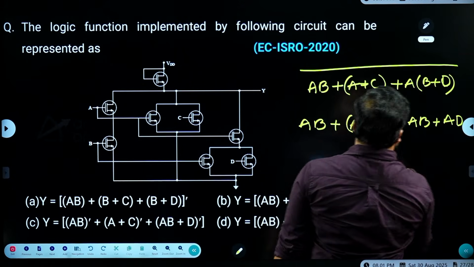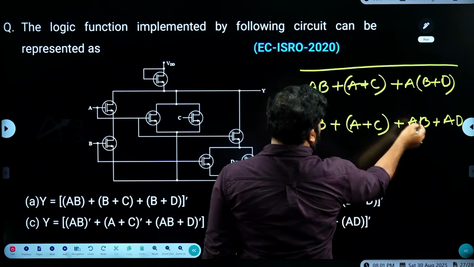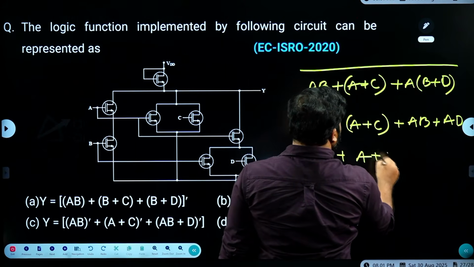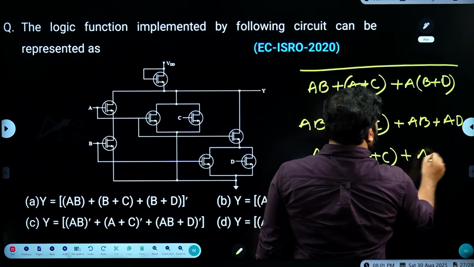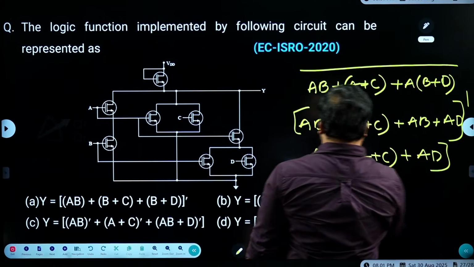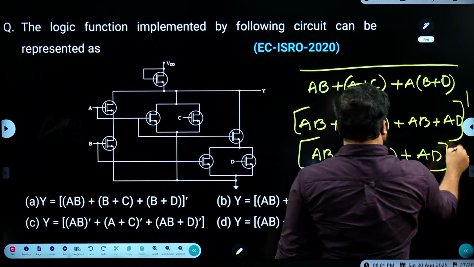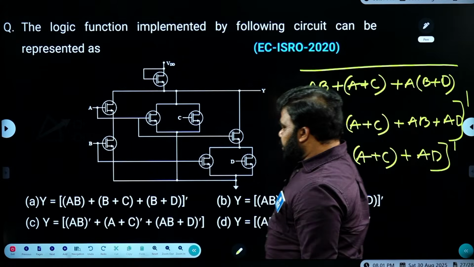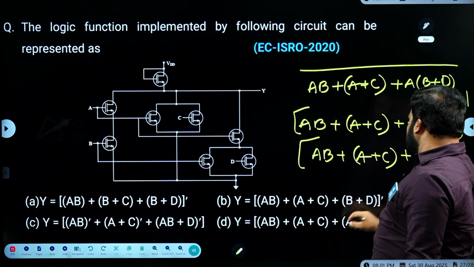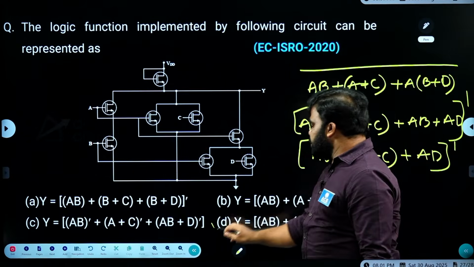So what we get here is AB plus A plus C plus AD, whole bar. So finally, what we get here is AB plus A plus C plus AD whole bar, answer is D.